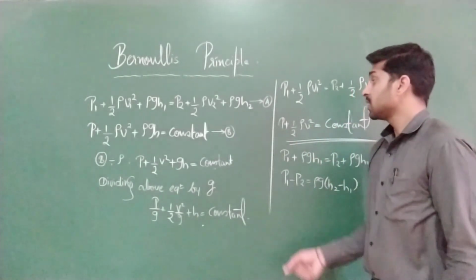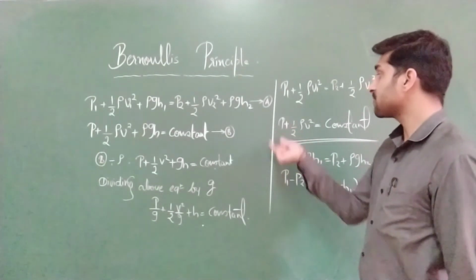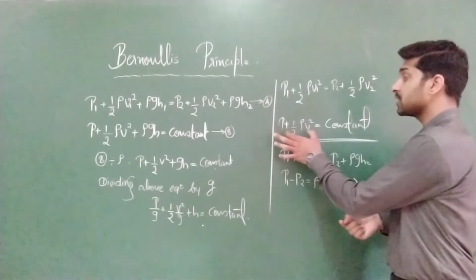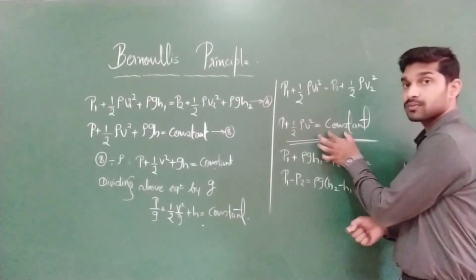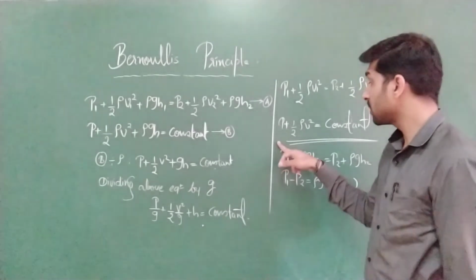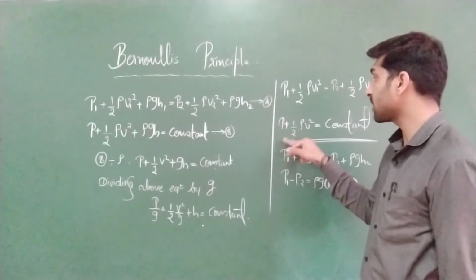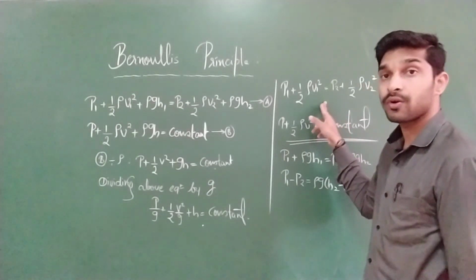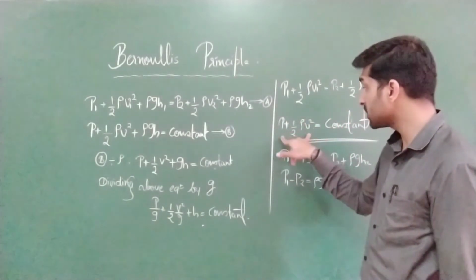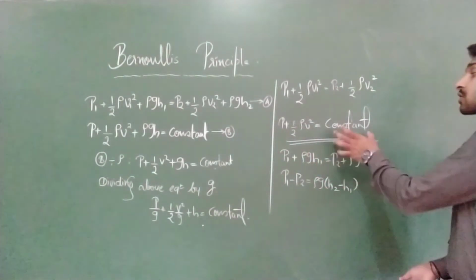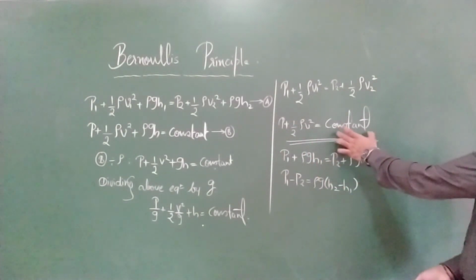If pressure is maximum, the V value should be minimum. If P is lesser and V is maximum, then the addition P plus half rho V square should still come as a constant value only.